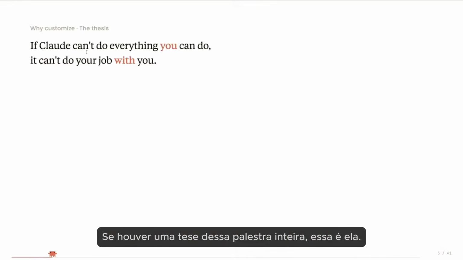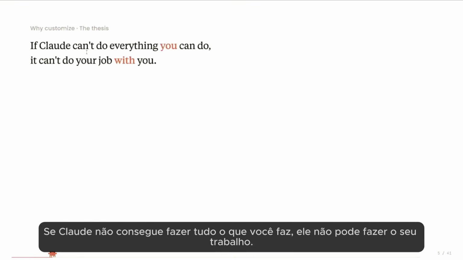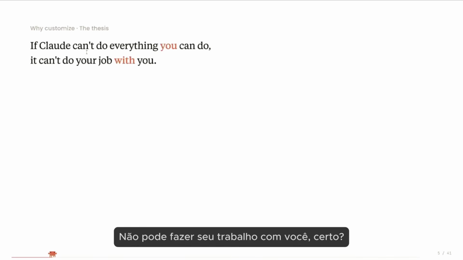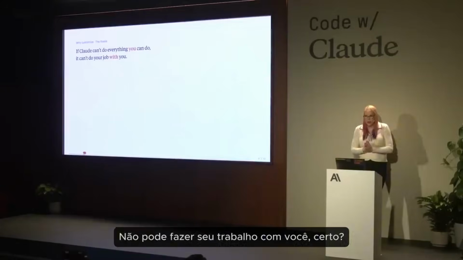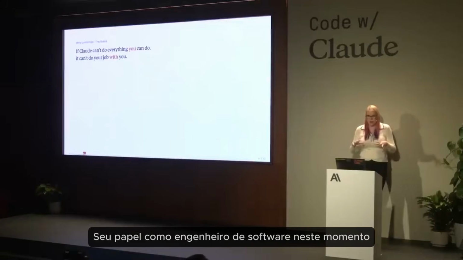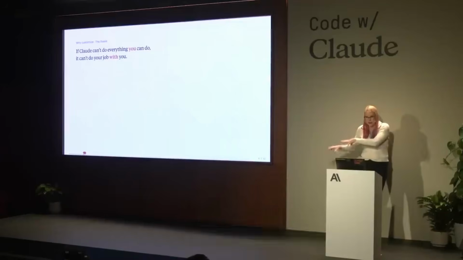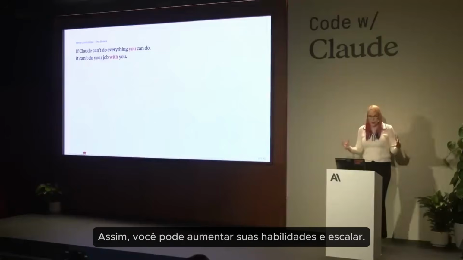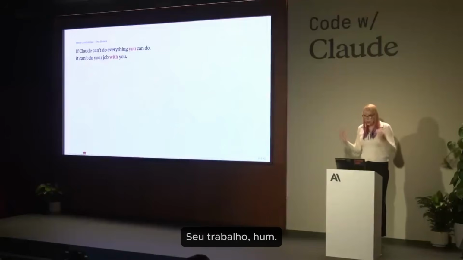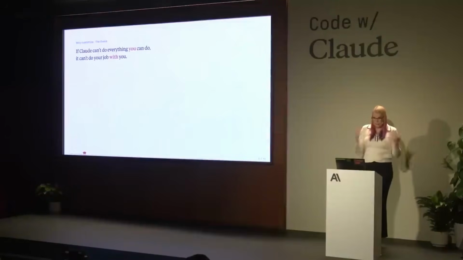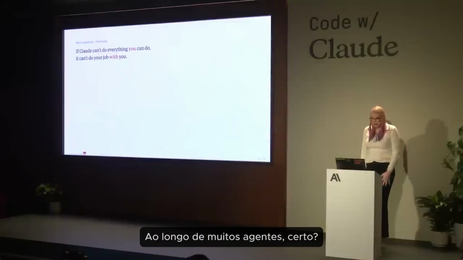If there's one thesis of this whole talk that I want you to take away here, it's that if Claude can't do everything you can do, it can't do your job with you, right? Your job as a software engineer at this point is to make little clones of yourself so you can scale up your abilities and scale up your work across many agents, right?